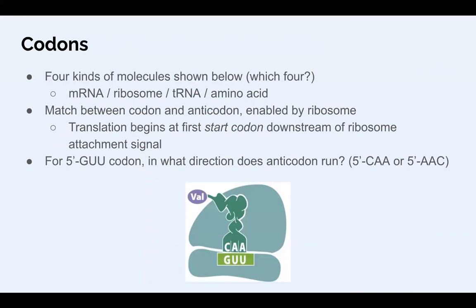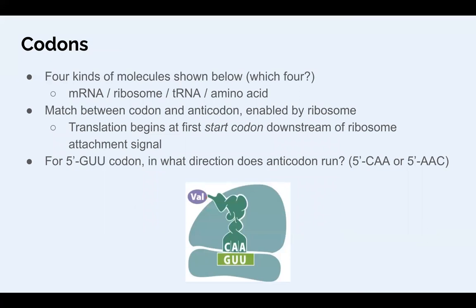So here's a little finer detail of the interaction of one codon with one anticodon. So the codon is present on part of the mRNA molecule, and the anticodon is present on the tRNA molecule. And this codon, GUU, matches with the anticodon CAA and brings in this valine amino acid.